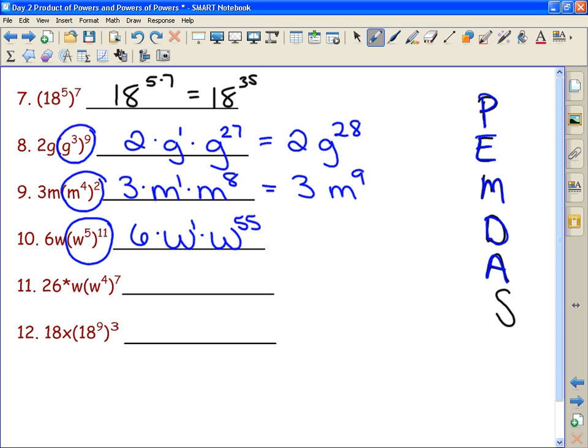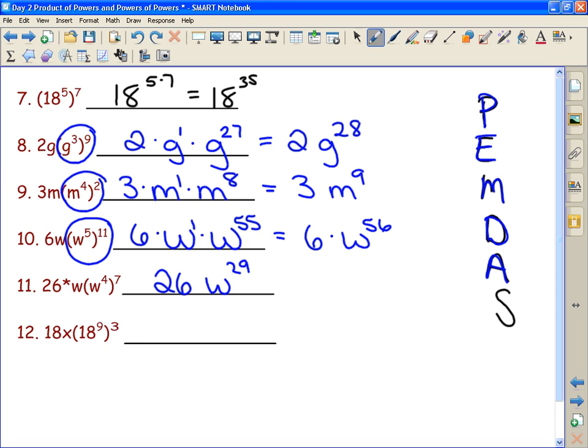There's a 1 on that w, so we have 55 plus 1. So we get 6 times w to the 56. All right, number 11, we would get 26. 4 times 7 is 28, plus 1 would give us w to the 29.